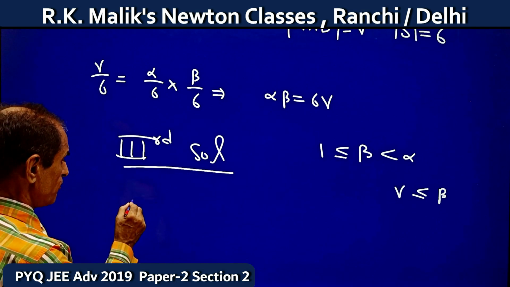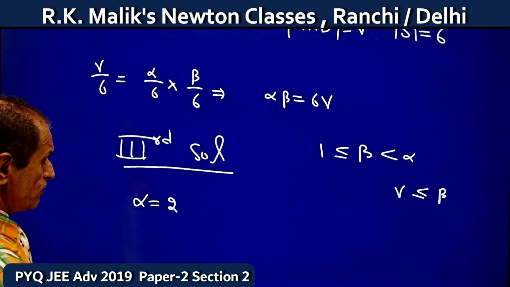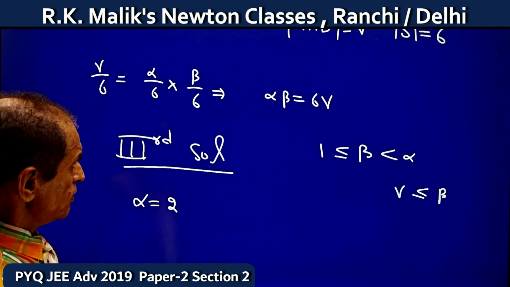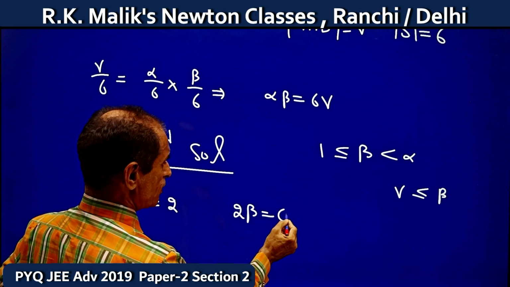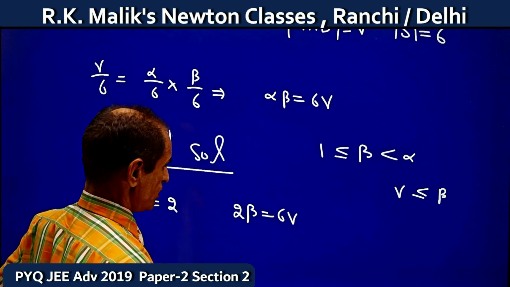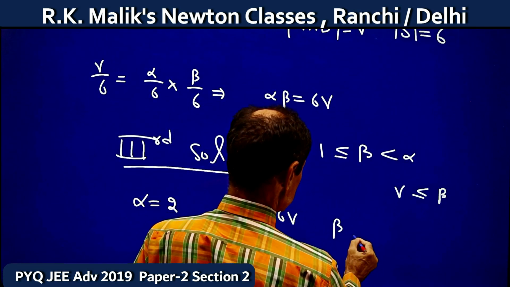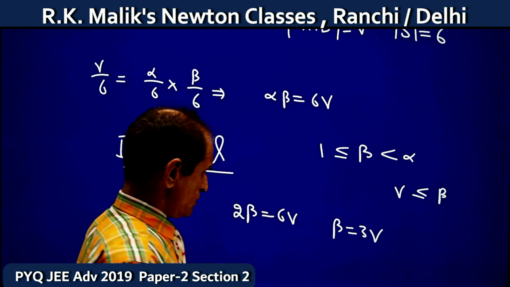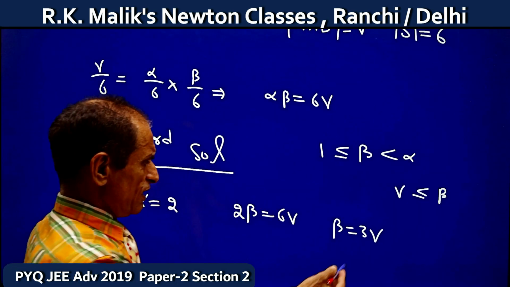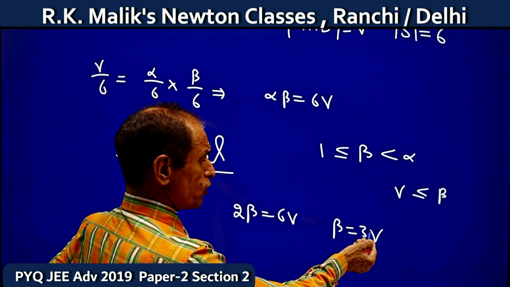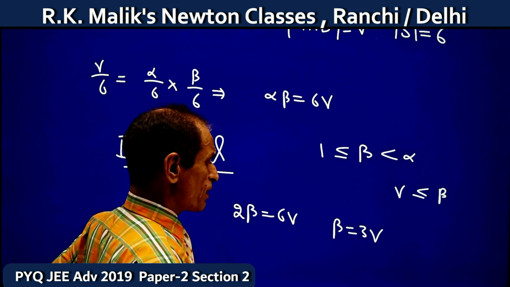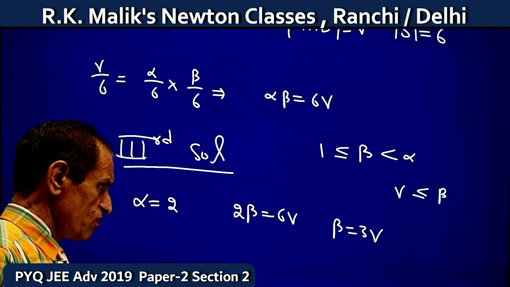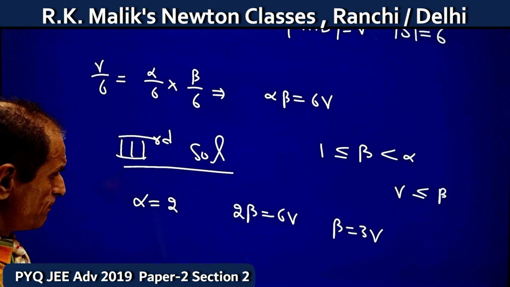Therefore, I start taking the values of alpha from 2. If alpha is 2, then this will mean that 2 beta equal to 6 gamma, that is beta equal to 3 gamma. And it is also not possible because the minimum value of gamma is 1. In that case, beta will become 3, which is not possible.